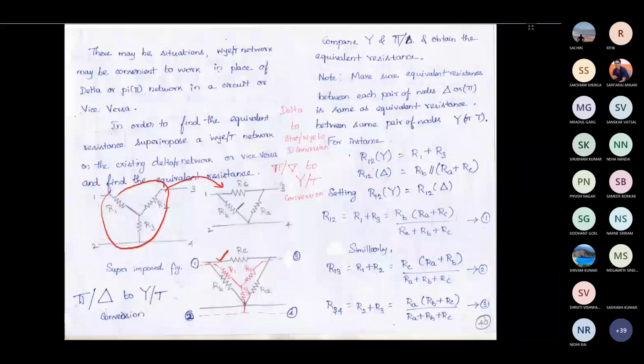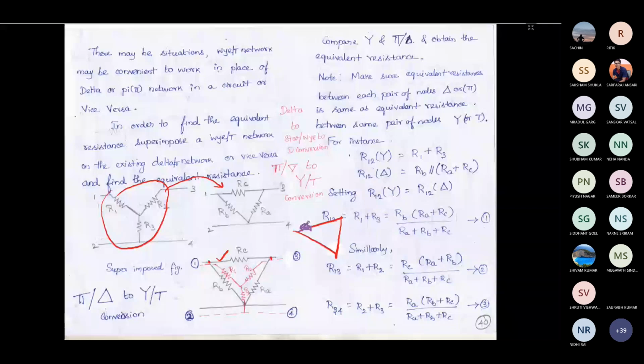I have taken 1 here, 3 here, 2 here, and 4 here. So now you can see this very clearly. If I have a delta connection like this, then I can convert that to a star connection like this.